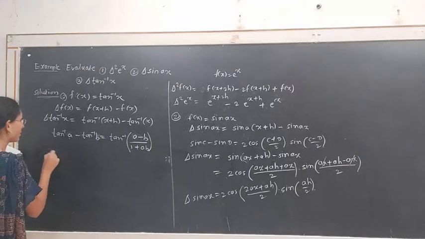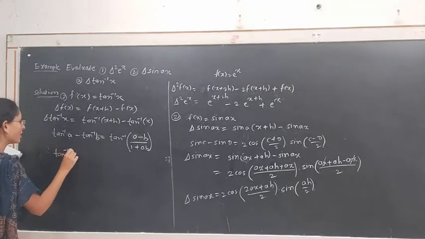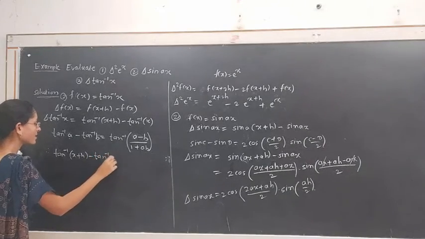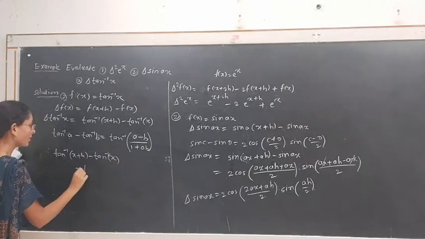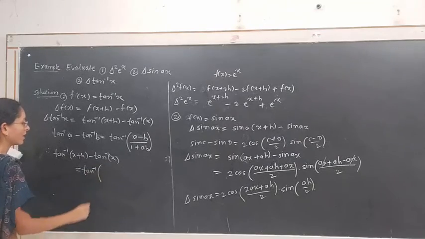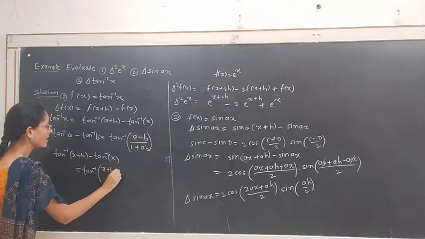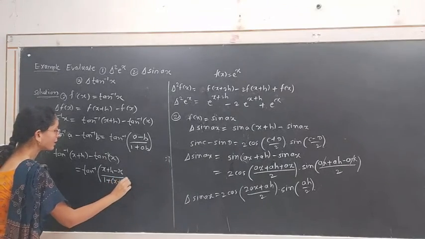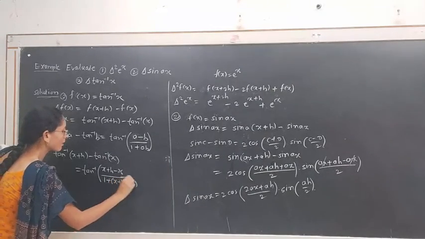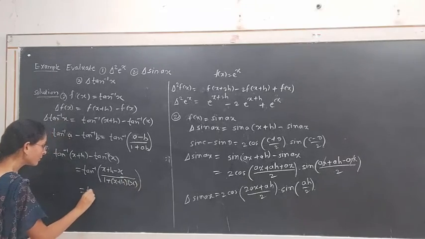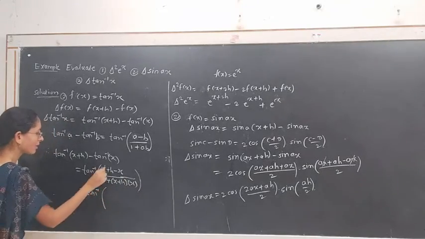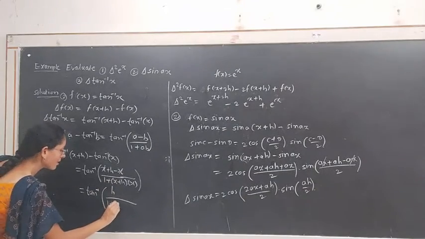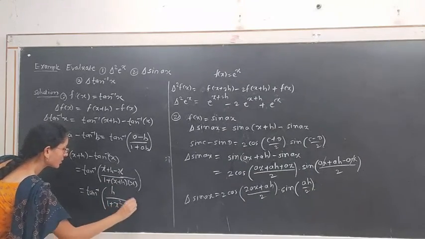Hence, tan inverse of x plus h minus tan inverse x is equal to tan inverse of x plus h minus x upon 1 plus x plus h into x, which is equal to tan inverse of h upon 1 plus x square plus xh.